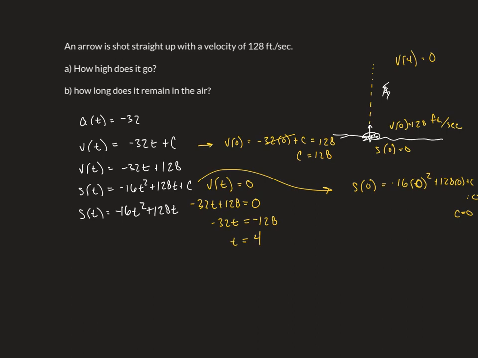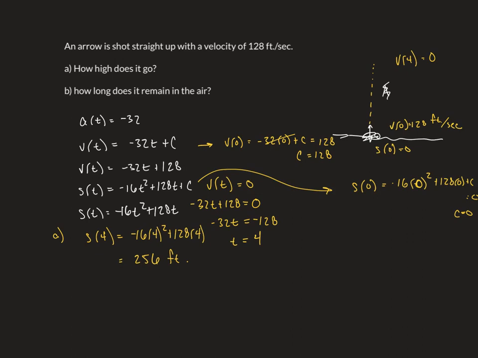So I can just do S of 4 equals negative 16 times 4 squared plus 128 times 4, and this is my work for A here, and that ends up being 256 feet. So the arrow goes 256 feet in the air.